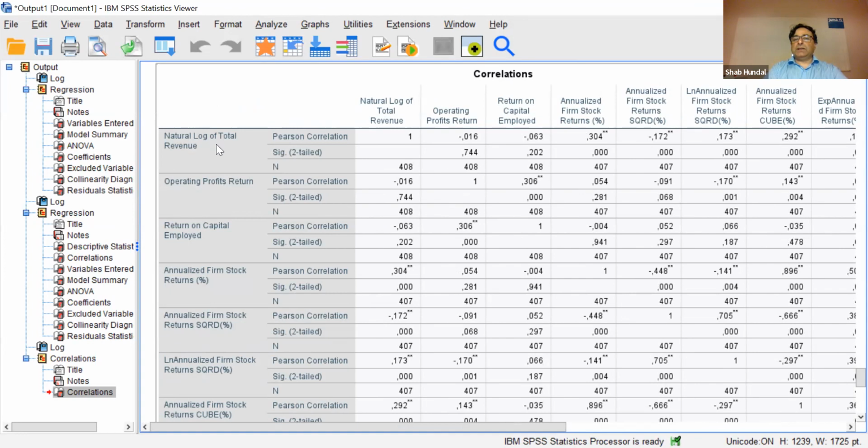I may have to make multiple models. In some models, the natural log of total revenue exists, but in the others, I don't take it, so that I can see what happens to the regression if for some time I ignore this variable. Which variable? The natural log of total revenue.